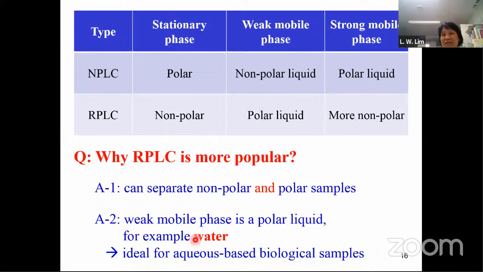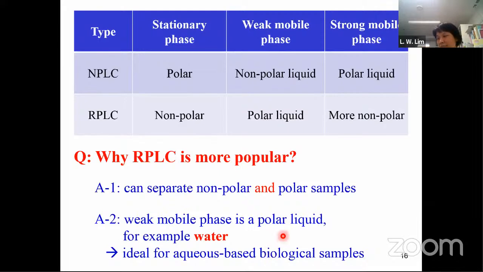So in reverse phase, we can use water as the mobile phase. But in normal phase, we usually use almost 100% organic solvent like hexane, or sometimes we just mix in 1 or 2% of water. In reverse phase, the weak solvent is a polar liquid, and usually we use water. So it is also ideal for aqueous-based biological samples.